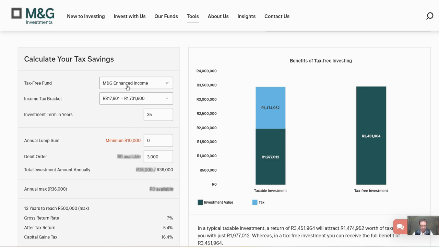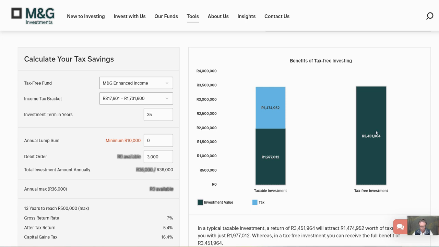So when we use the M&G enhanced income fund, it's a fixed interest fund, and here on the graph on the left hand side you can see the tax you will pay on the interest if you just invest in a unit trust, a taxable investment.